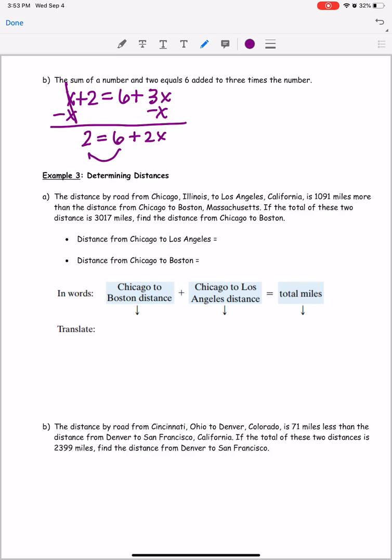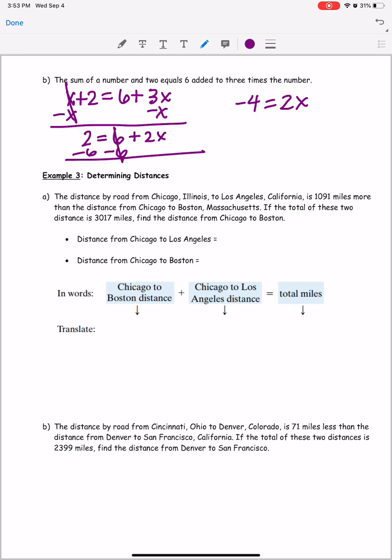So I need to move this 6 over here. So opposite of a positive 6 is a negative 6. And what I do to one side, I'm doing to the other. So 2 minus 6 gives me negative 4. 6 minus 6 cancel, and then I'm left with my 2x.